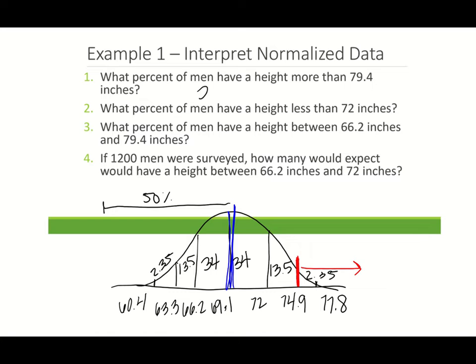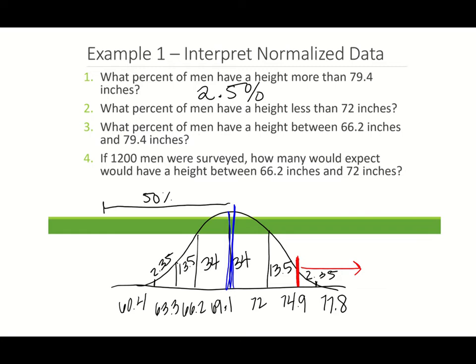So 2.5% of men have a height of more than 74.9 inches. I took everything over here, added it up, and subtracted from 100, and that told me how many more men there were.